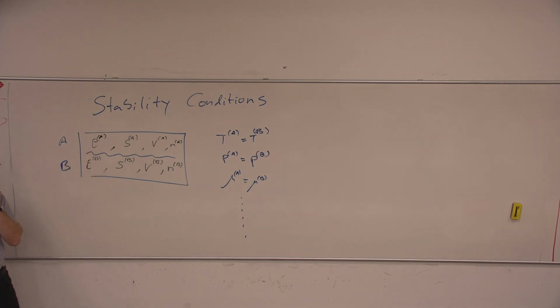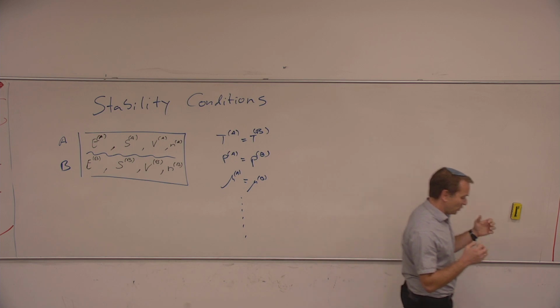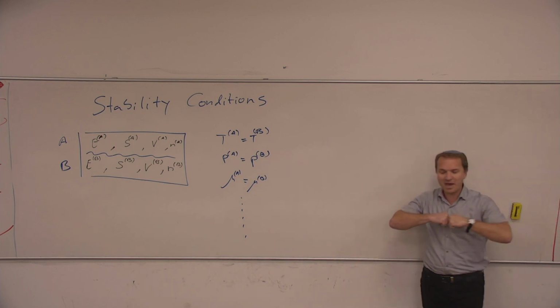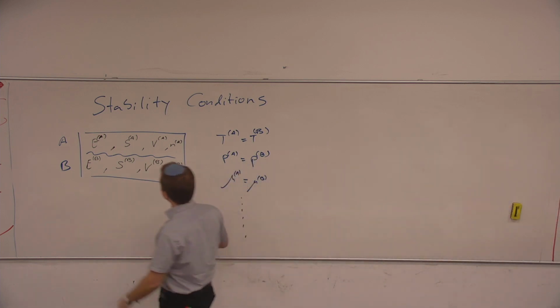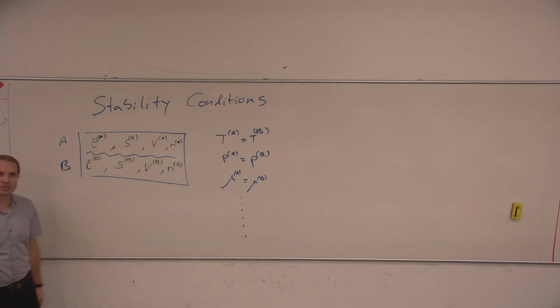Now, if we have a situation where two forces are exactly matching each other, what does this generalized force that we call temperature mean? That two systems have exactly the same temperatures means that there is no flow of heat from one system to another.